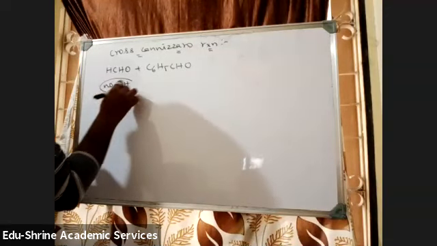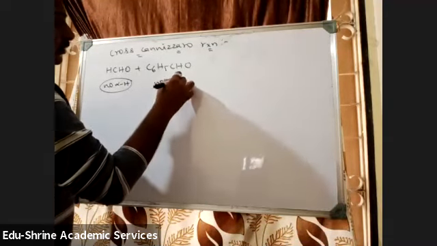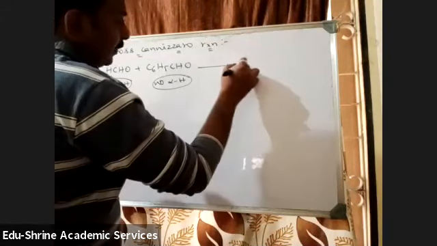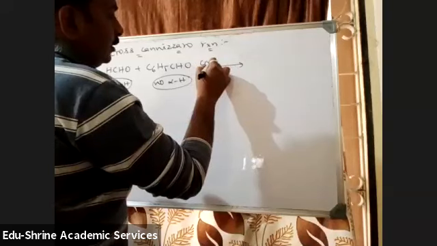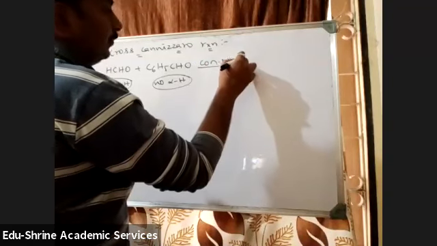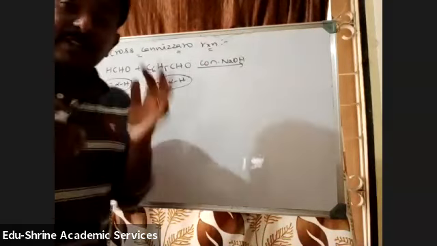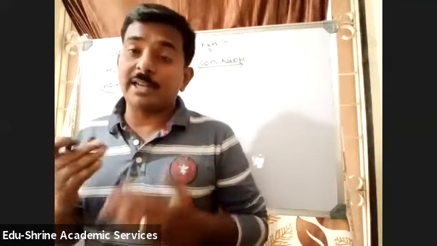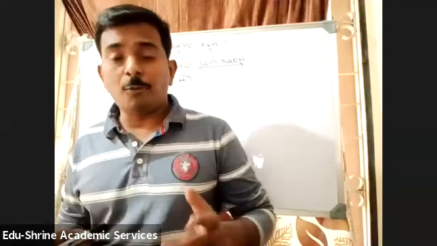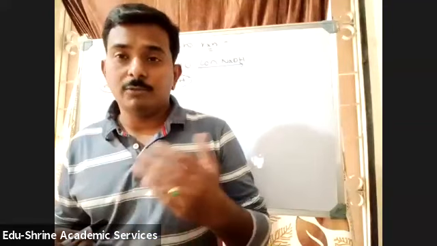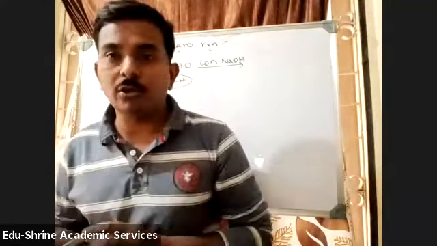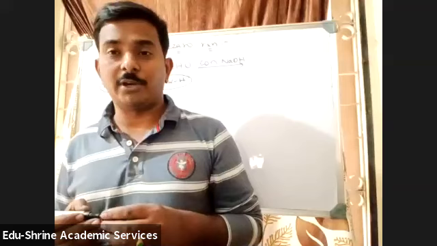In this also no alpha hydrogens, in this also no alpha hydrogens, correct, students? Then in the presence of concentrated NaOH. Previously both compounds were similar, so one was easily undergoing oxidation and one was easily undergoing reduction to give acid and alcohol as the products.